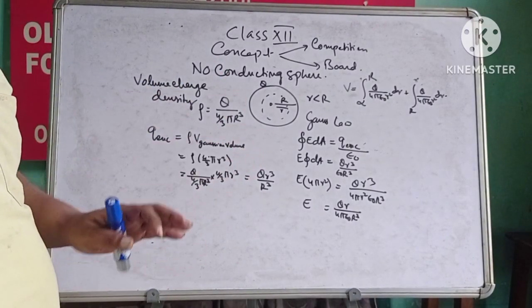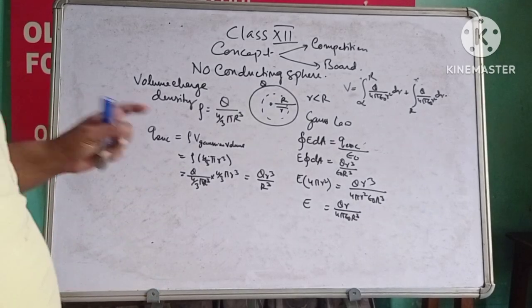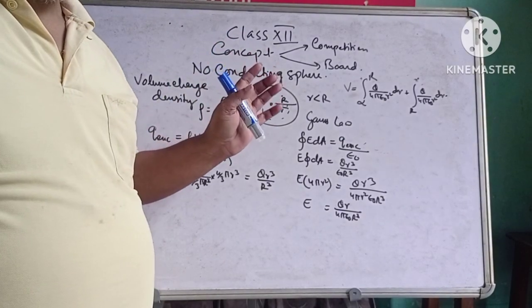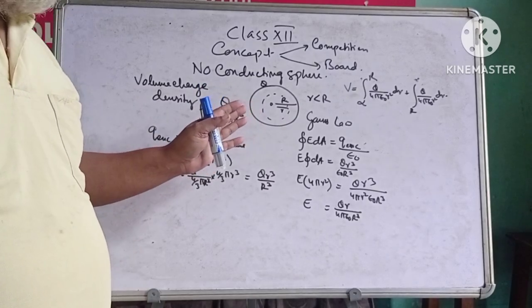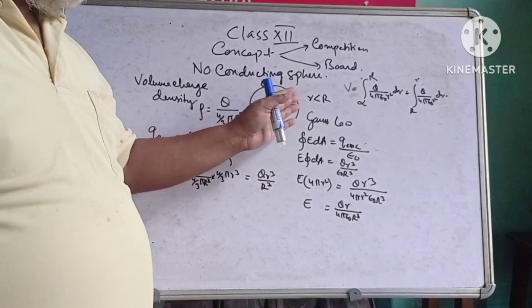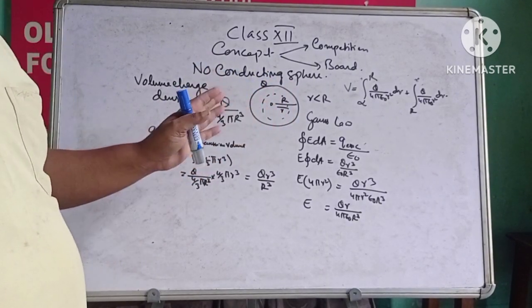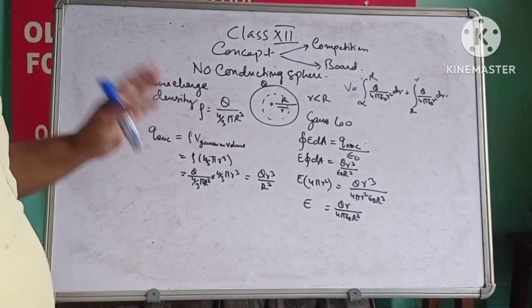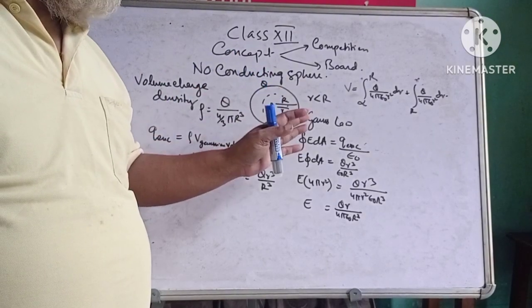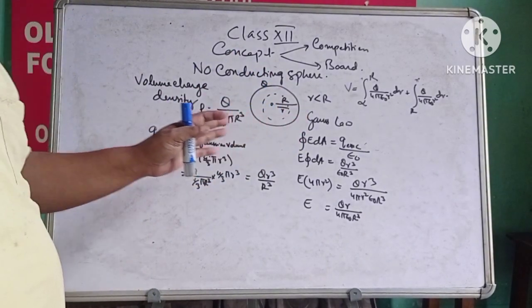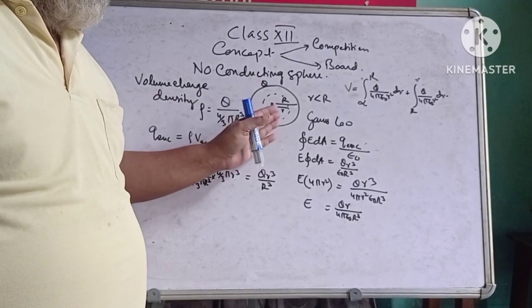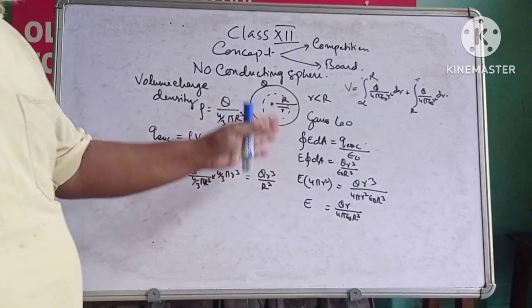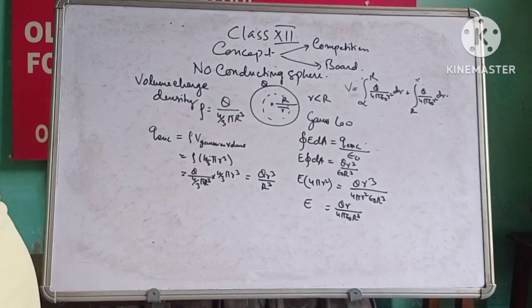If it is a conducting sphere, remember your electric field inside the sphere will be 0 if q charge is distributed on the surface, but your potential on the surface is the same as the potential inside the sphere. But in case of non-conducting sphere, what do you find? There is electric field inside the sphere as well as you have potential inside the sphere.